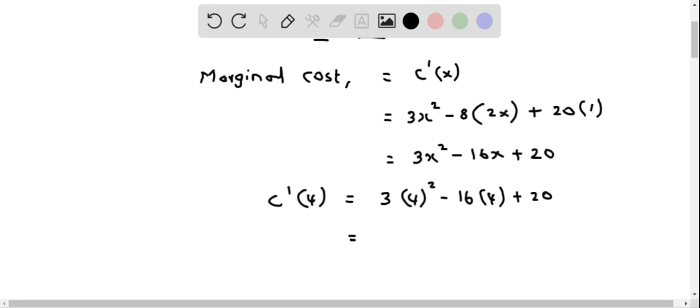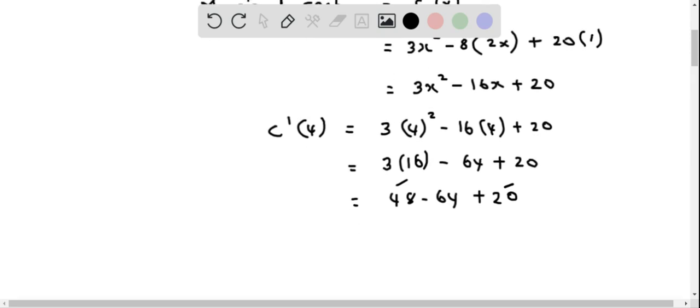And so this gives 3 times 4 squared is 16, minus 16 times 4 is 64, plus 20, and this equals 3 times 16 is 48 minus 64 plus 20. And so this gives 48 plus 20 is 68. 68 minus 64 is 4. So this is in dollars. This is the marginal cost at a production level of 4.